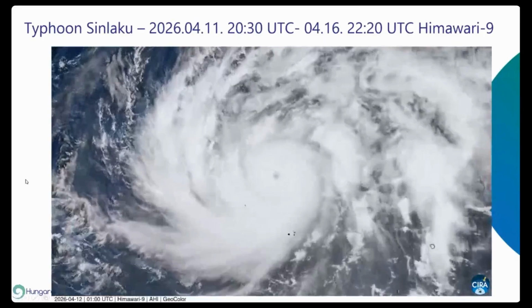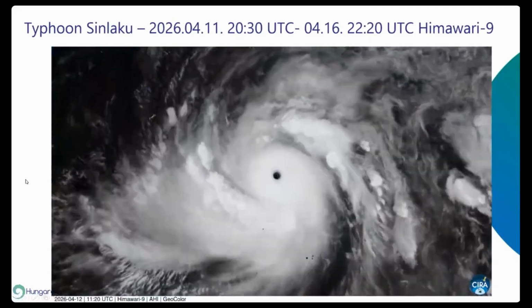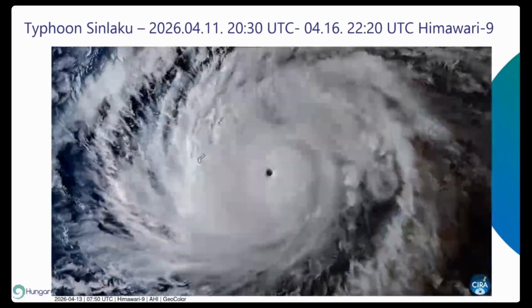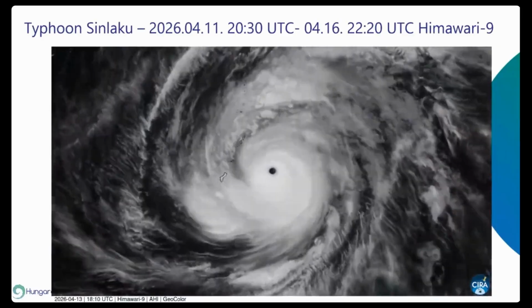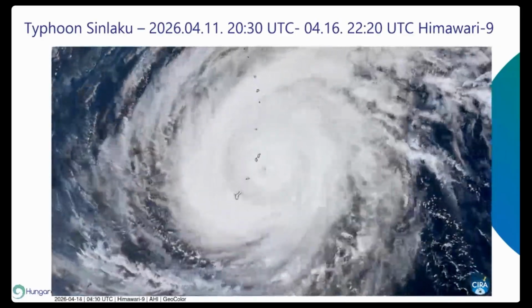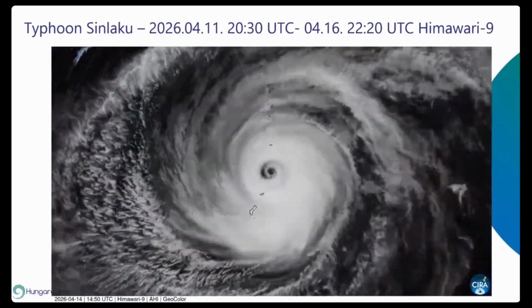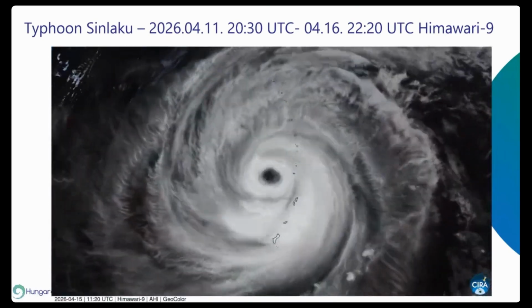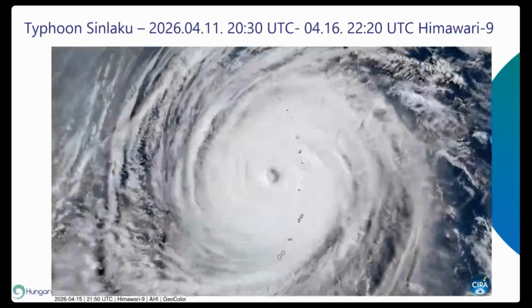This look was created by CIRA, but I think it's very striking to see this super typhoon, which was a category 5 typhoon and caused a lot of damage in this area.